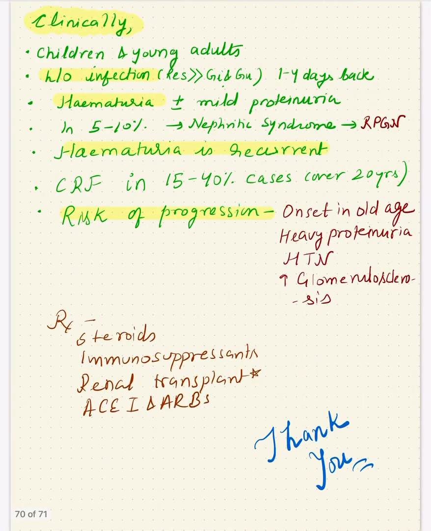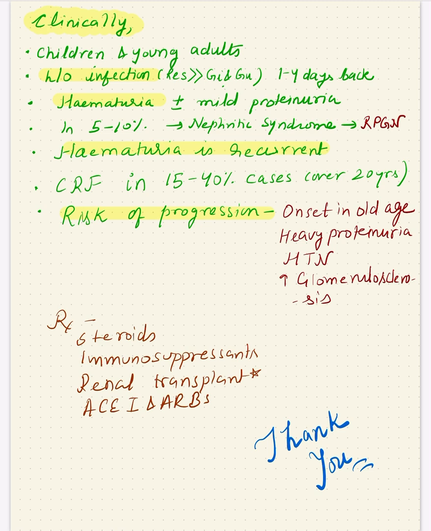And lastly, clinically, the disease is seen in children and young adults. There is a history of infection, so this can be given in a problem-based question of IgA nephropathy. There can be a respiratory tract infection, gastrointestinal infection, or genitourinary infection, which will be present in a short duration, like 1 to 4 days back. The patient will give a history of this infection. So this you have to remember.